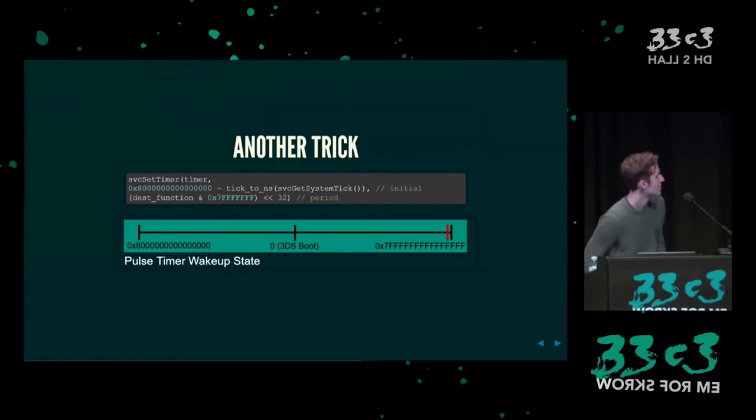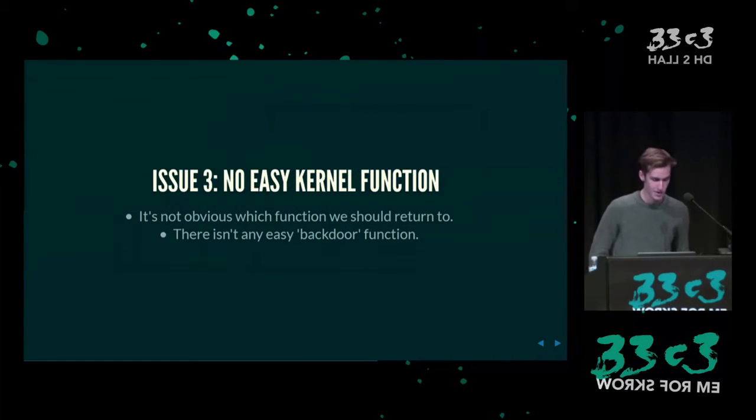And so what I do is I just put it right there at the end, and then it overflows. And then on the next pulse, I also control that, and that's also less than that range. So then we can get it to line up on the kernel address that we want. And so that's pretty good. Unfortunately, we're at the end.